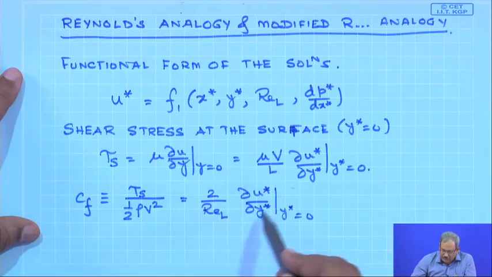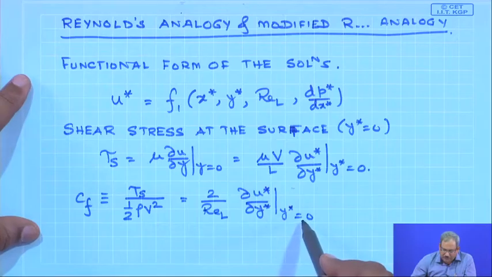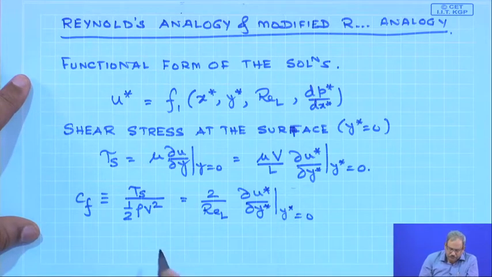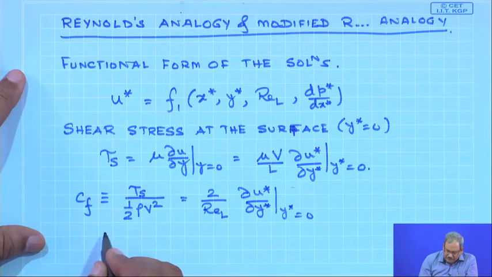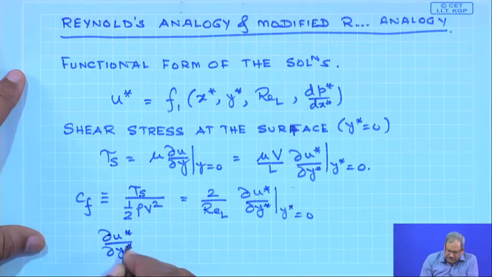So, if I try to find the functional form of del u star by del y star at y star equals 0.